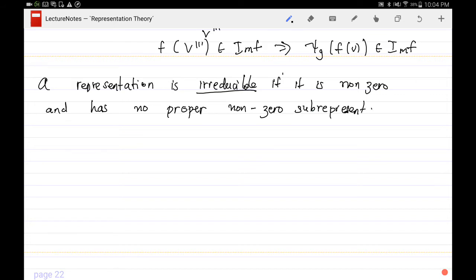Okay. This can be translated into a statement about the representation space. So the idea here is that if you can find any sub-representation of this representation, in other words, if there's a vector space that this representation acts upon that's a subspace of the original vector space, then that subspace is either the zero vector space or the whole vector space itself. All right?